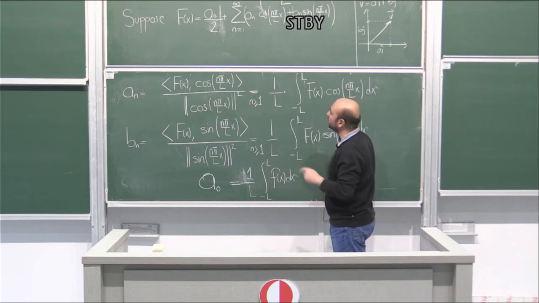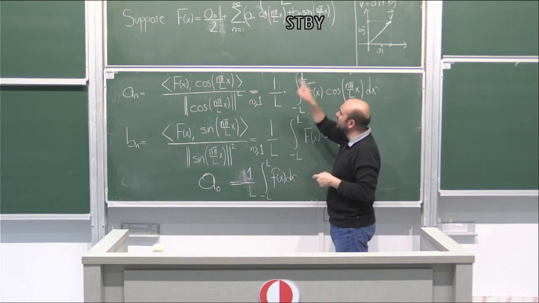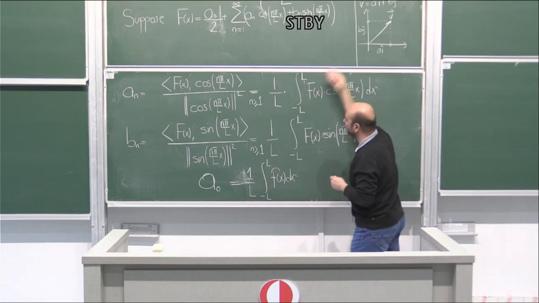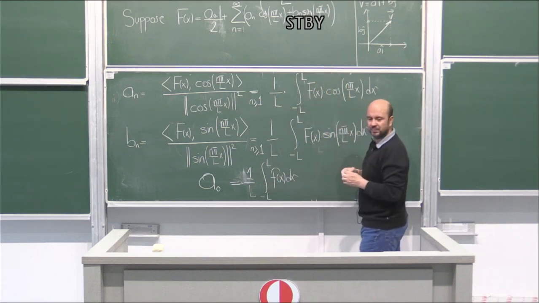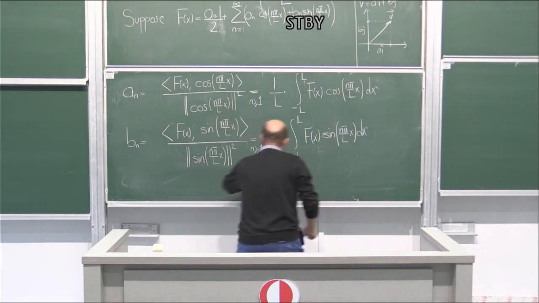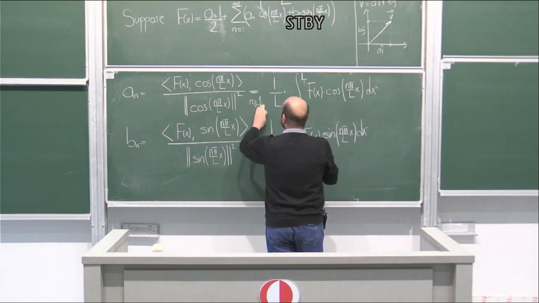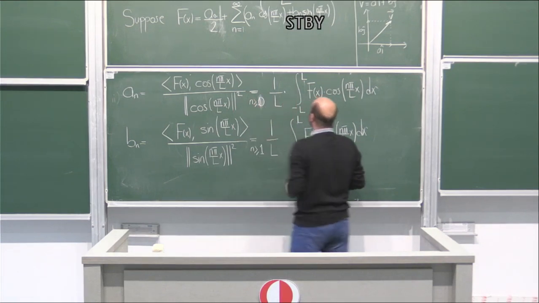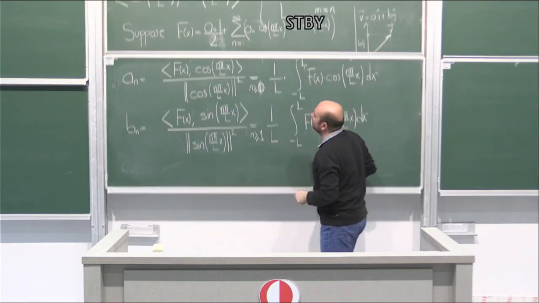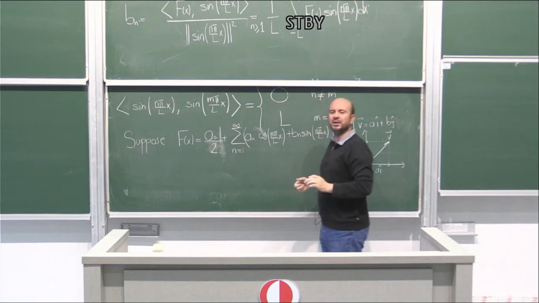That's why in this book it's written a0 over 2, so you can use the same formula for all of them. So now I'm erasing this and telling you, yes, you can use the same formula for all as long as you write here a0 over 2, not a0.